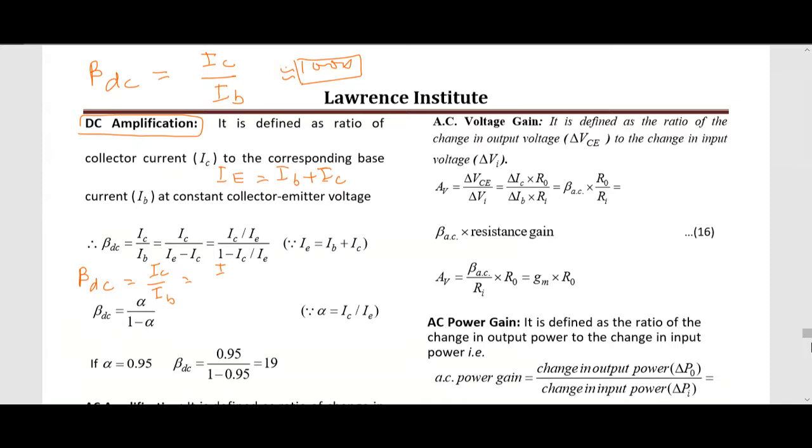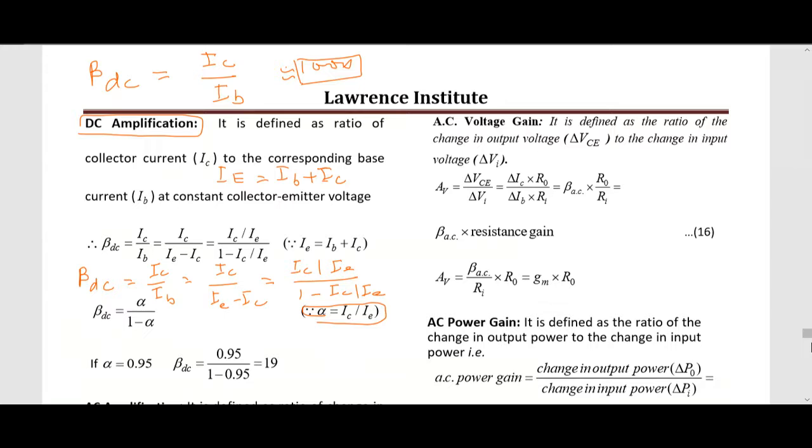This is IC divided by IE minus IC. Divide numerator and denominator by IE. So I have divided numerator and denominator by IE, and I got this relationship. IC by IE is alpha.